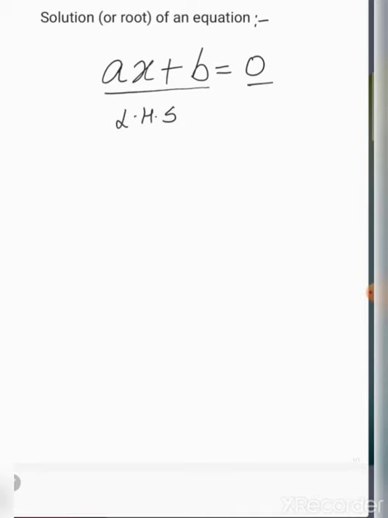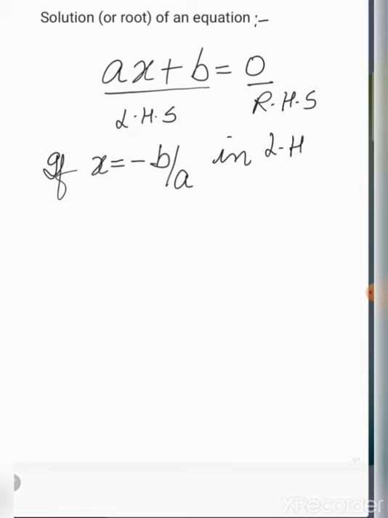For example, in the linear equation ax plus b equal to 0, ax plus b is the left hand side, 0 is the right hand side. If you put x equal to minus b upon a in left hand side, let's see what we get.